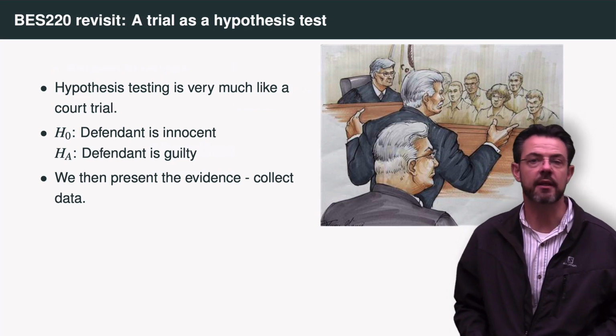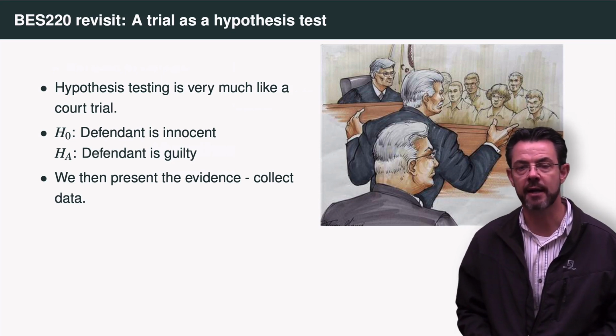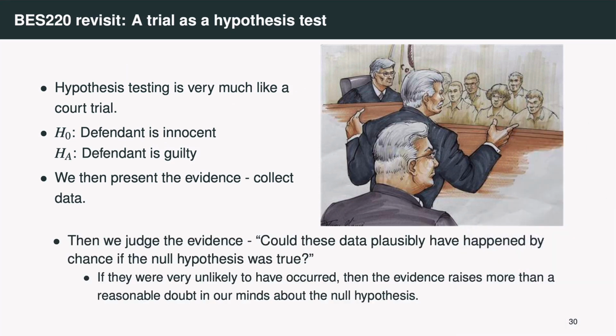In our case, statistically, we collect the data as our evidence, the measurements or the observations that we go out and gather. And then we judge the evidence by trying to answer the question: could the data, the evidence that we have, plausibly have happened by chance if the null hypothesis was actually true?